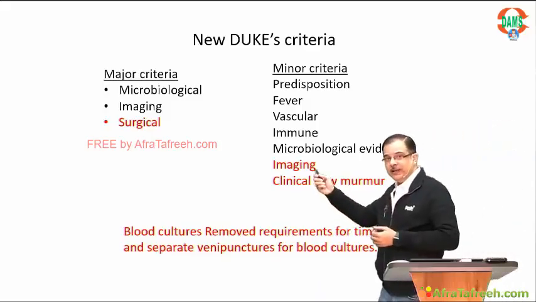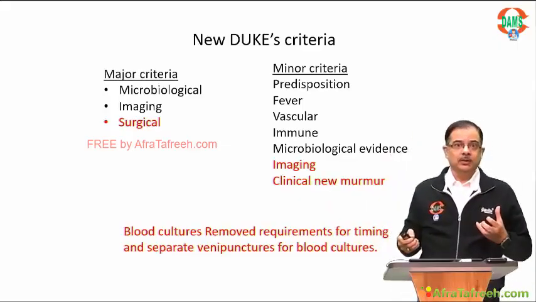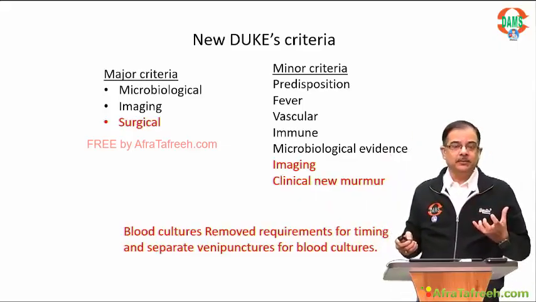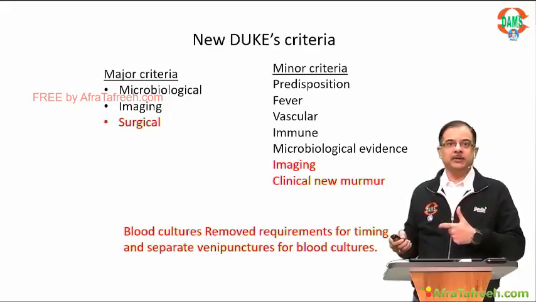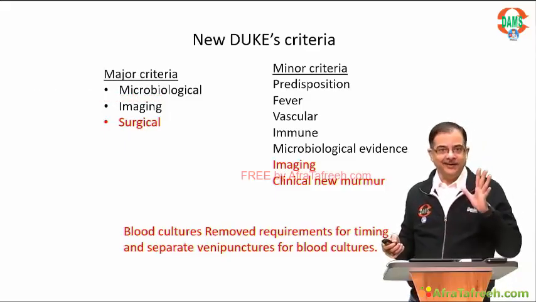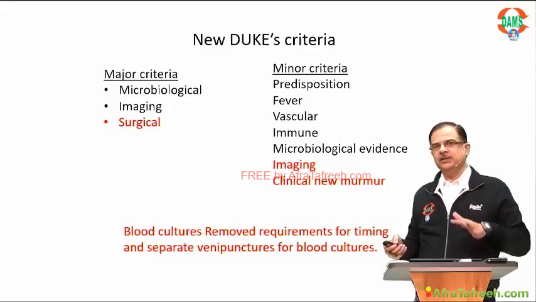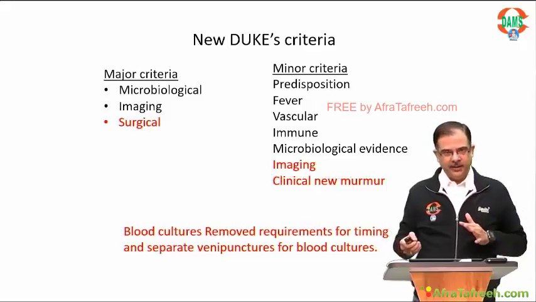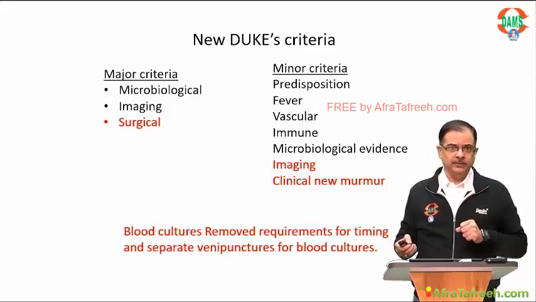These are imaging evidence of infective endocarditis on PET scan and clinically auscultation of a new regurgitant murmur. So red one I have highlighted. My expectation is they will just ask what are the criteria, minor or major. Details they will not ask you.